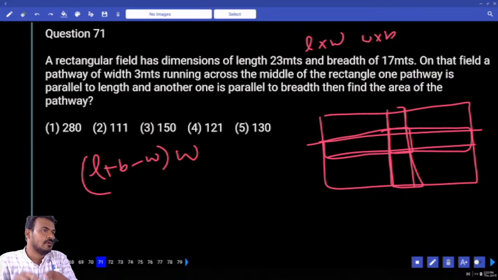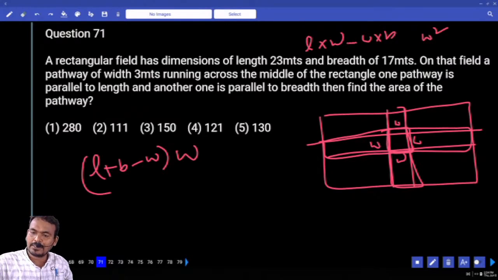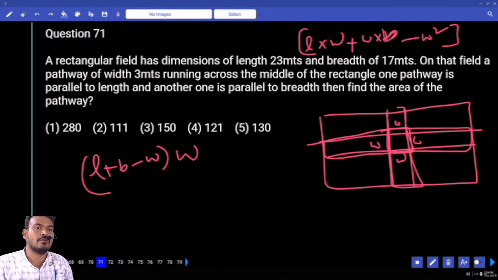This portion is how much? W, W, W. What is the area? W square. L into W plus W into B. In that, what are we subtracting? W square. What is the common value? W. What is the remaining? L plus B minus W into W. That is the area of the path.